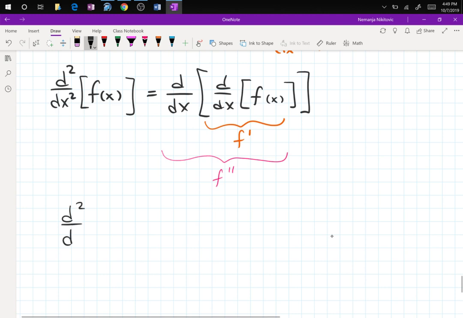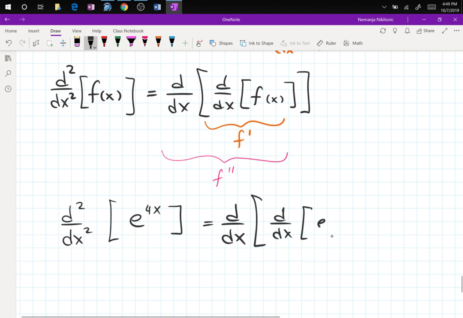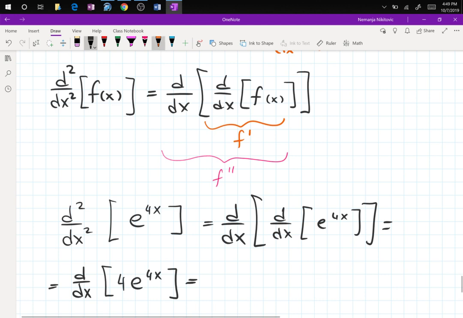But what is the second derivative of e to the 4x? Well, when we break it down into two first derivatives, you are going to first find 4e to the 4x when you take the first derivative, which is the inner one, and maybe I can color code that using the orange.